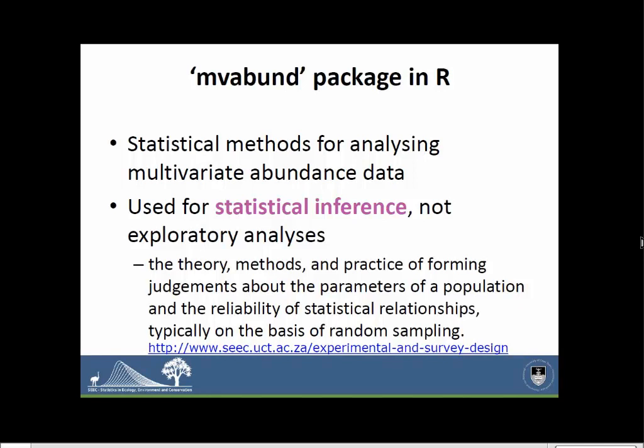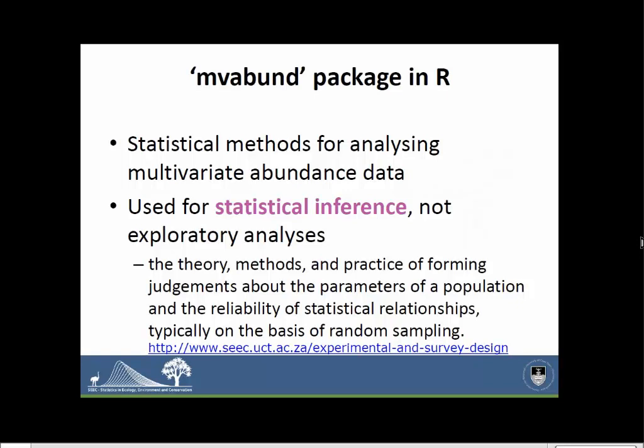And there's a definition of what that means. But essentially, instead of saying something only about your specific area that you sampled or your specific samples, you want to say something about the effect of a treatment or of environmental variables across a much broader scale, and to do that you use statistical inference.